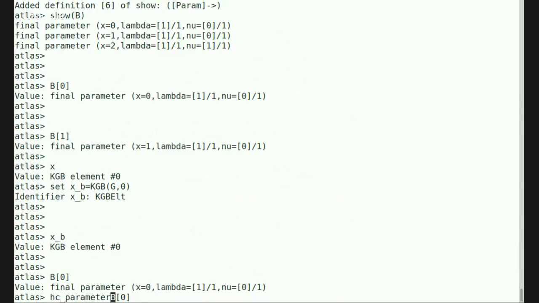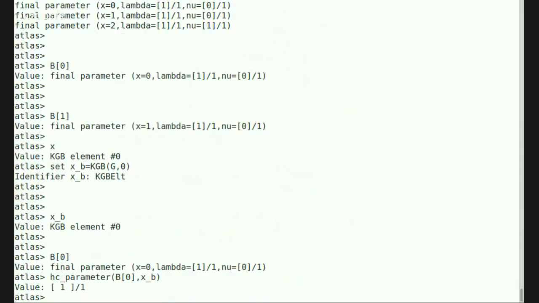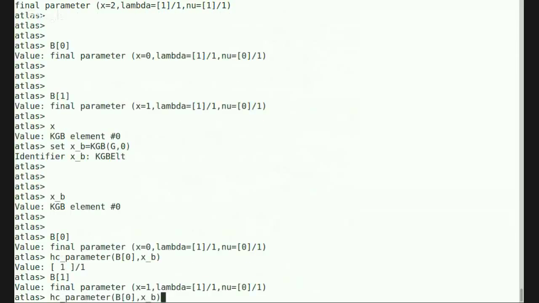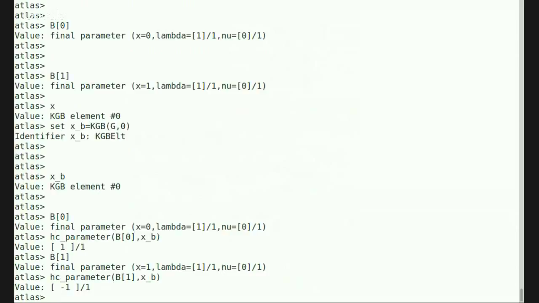And I can ask for the Harish-Chandra parameter of this with respect to this XB. And what I'll get is rho. On the other hand, if I look at B bracket 1, and I ask for the Harish-Chandra parameter of this representation, with respect to the original XB, I get -1.